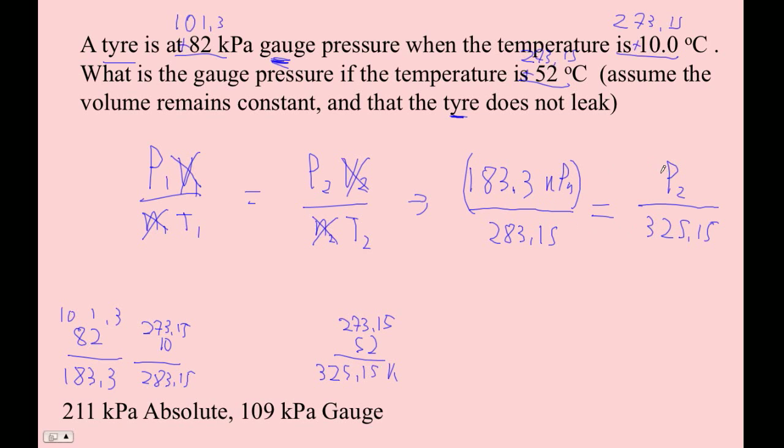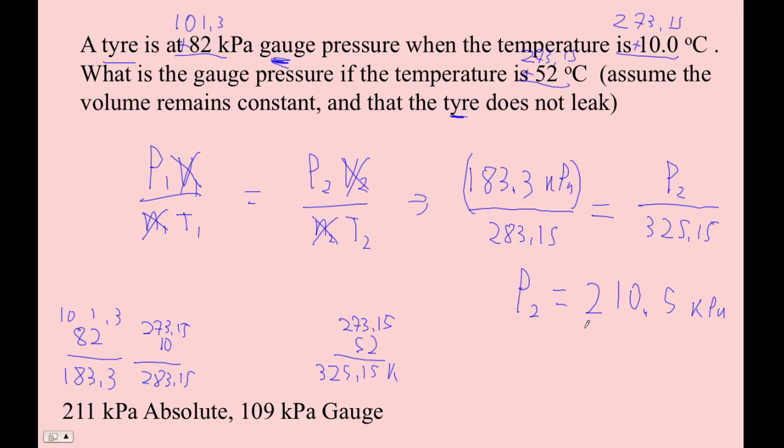So 183.3 divided by 283.15, times 325.15. And I'm getting that the pressure, and this is the absolute pressure, is 210.5 kilopascals.